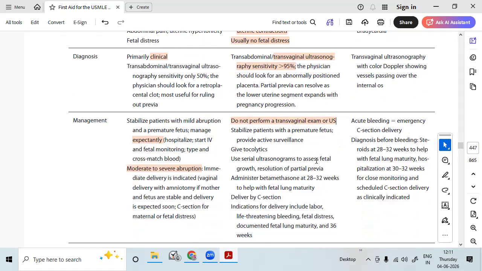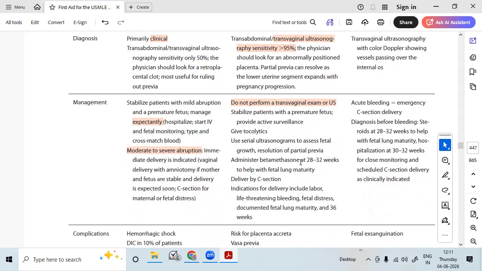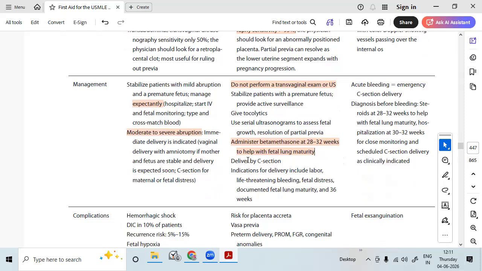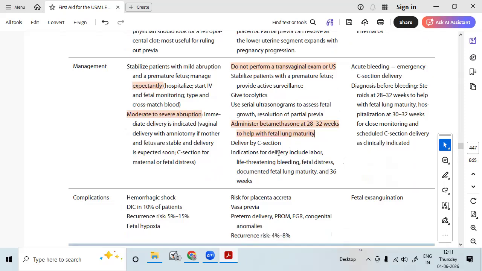Use serial ultrasonograms to assess fetal growth and resolution of partial previa. Administer betamethasone at 28 to 32 weeks to help with fetal lung maturity. Deliver by C-section. Indications for delivery include labor, life-threatening bleeding, fetal distress, documented fetal lung maturity, and 36 weeks.